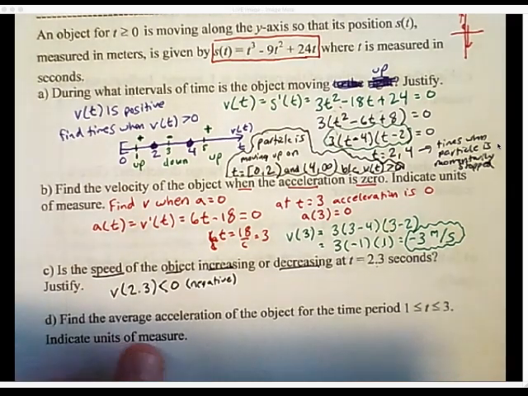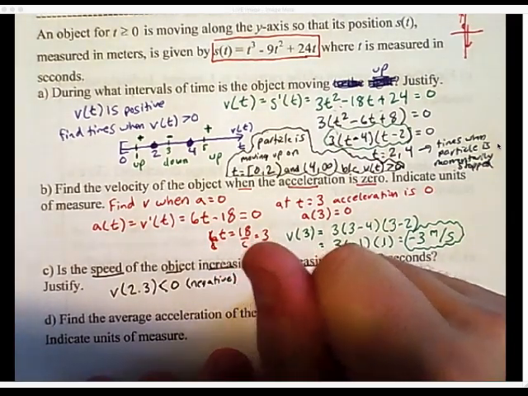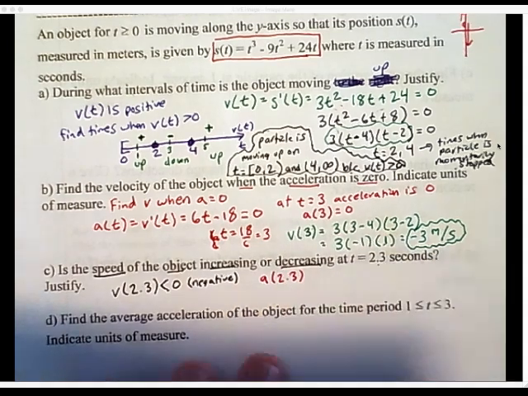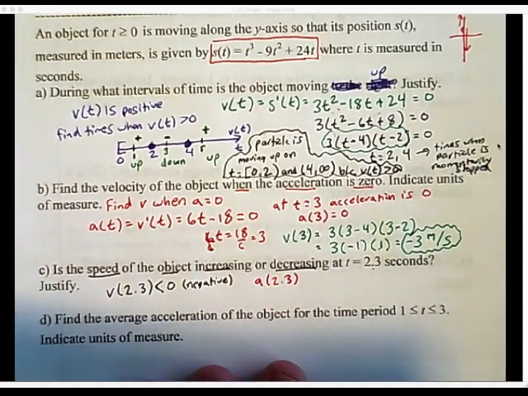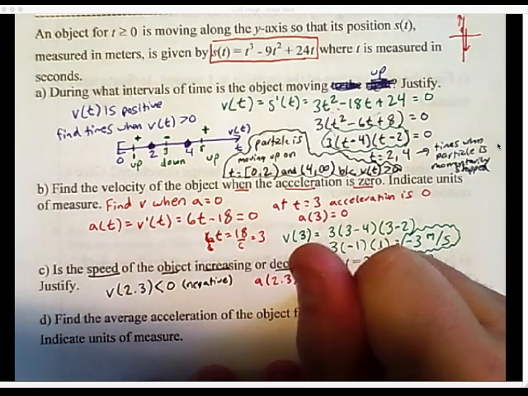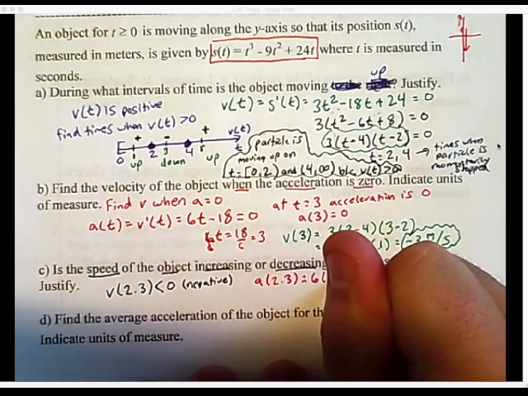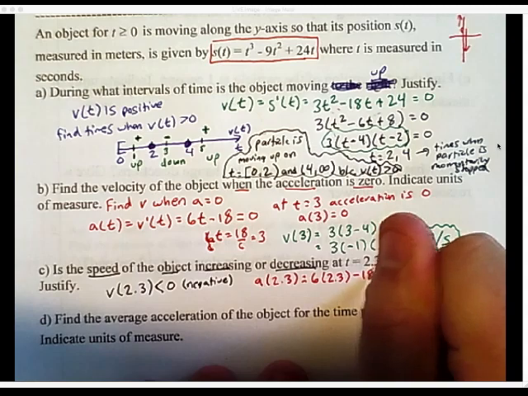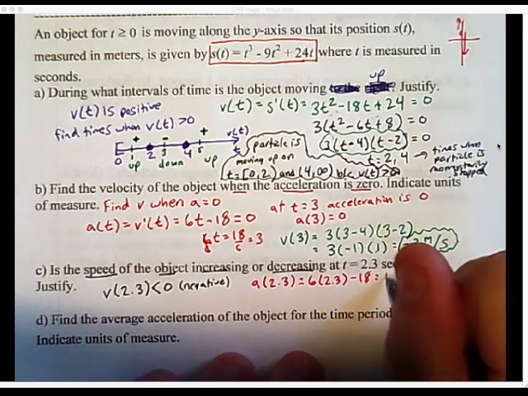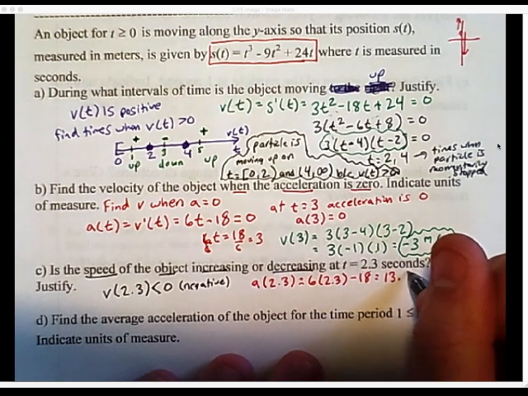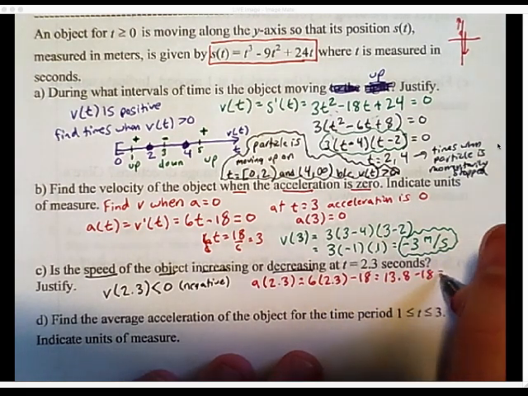What about the acceleration at 2.3? Well, if I plug 2.3 into here, 6 times 2.3 minus 18, 6 times 2 is 12, 6 times 0.3 is 1.8, so that's 13.8 minus 18.